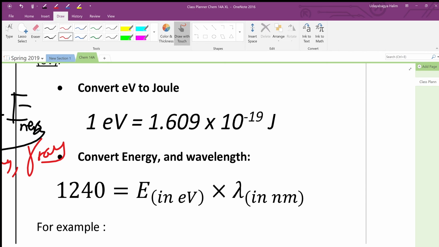It's 1.609 times 10 to the negative 19 joule. Most of the time, if you're looking at things that are quantum mechanical in nature, the units are going to be expressed in electron volts because the number is so small. It's a way for physicists to avoid having to write 10 to the negative 19 all the time. Hence, they write everything in terms of electron volts.